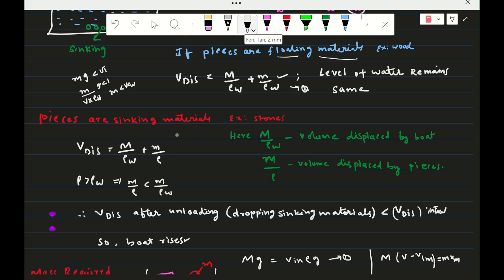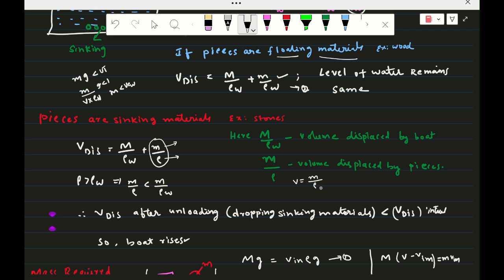Now the water displaced by stones is m by rho, since they are sinking, right? Here rho is the density of the material, and this m by rho is the volume displaced by the piece. The volume is equal to mass by density.